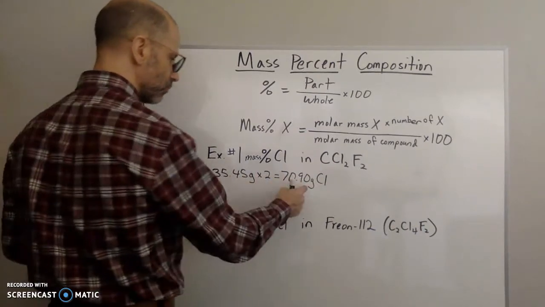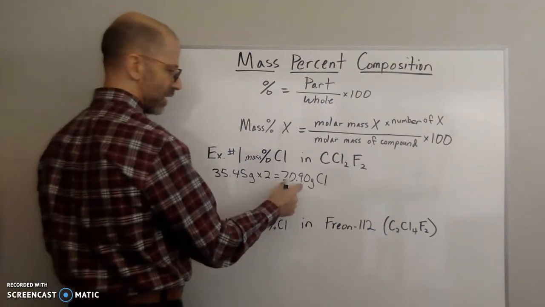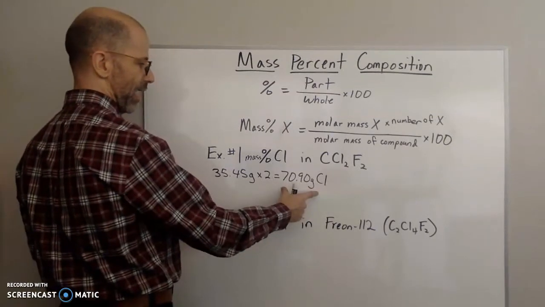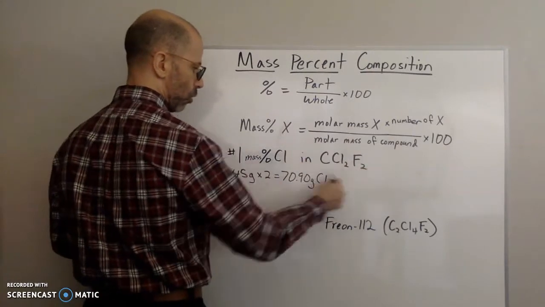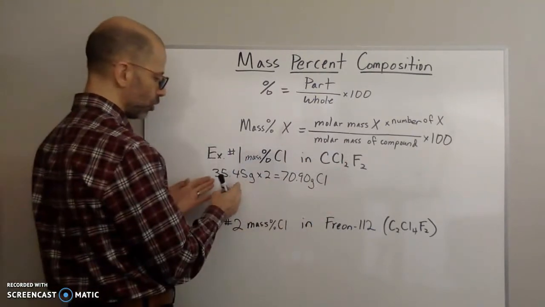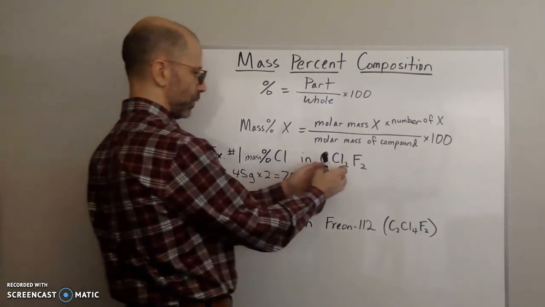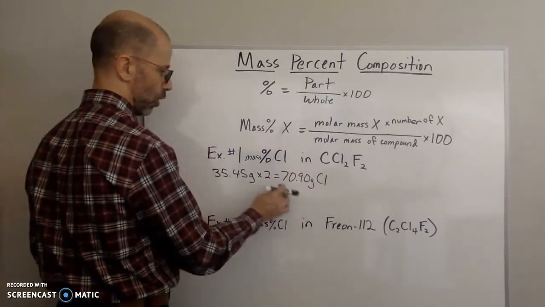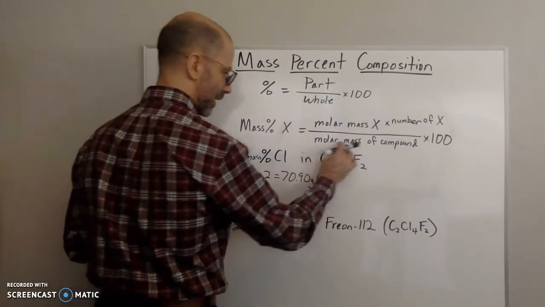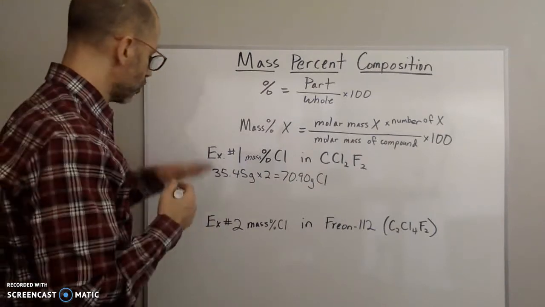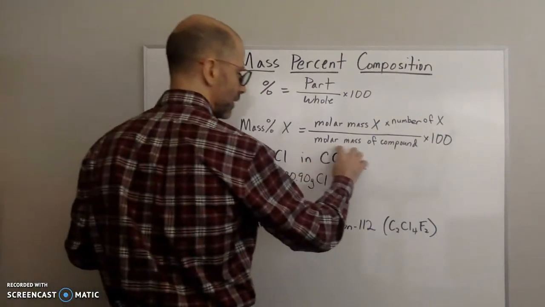So that's going to be 70.90 grams of chlorine that I have in my 1 mole of substance. So it's the molar mass of the chlorine multiplied by 2 to get the total mass of 1 mole of chlorine in this 1 mole of this substance.